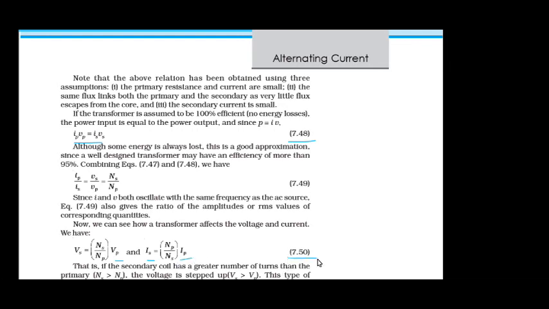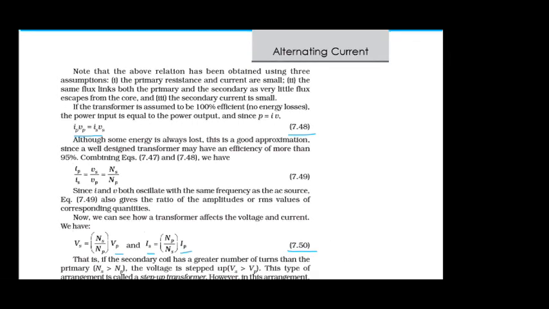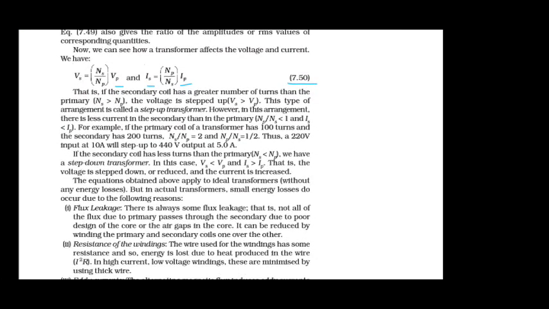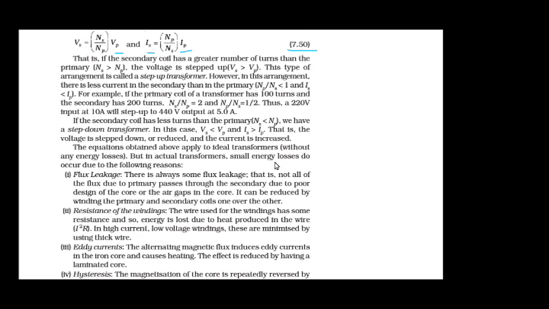This is equation number 7.50. That is, if the secondary coil has a greater number of turns than the primary coil, that is Ns is greater than Np, the voltage is stepped up, that is Vs is greater than Vp.